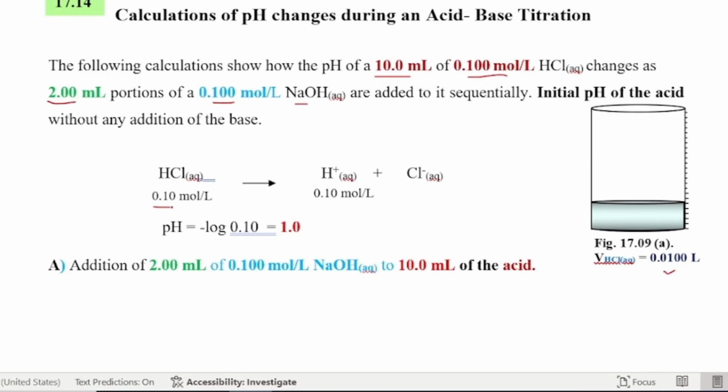So 0.1 mole per liter HCl will give you 0.1 mole per liter of hydrogen ions. So the original pH of this solution will be equal to negative log of 0.1, which is 1. So pH is equal to 1. And the initial volume is this.